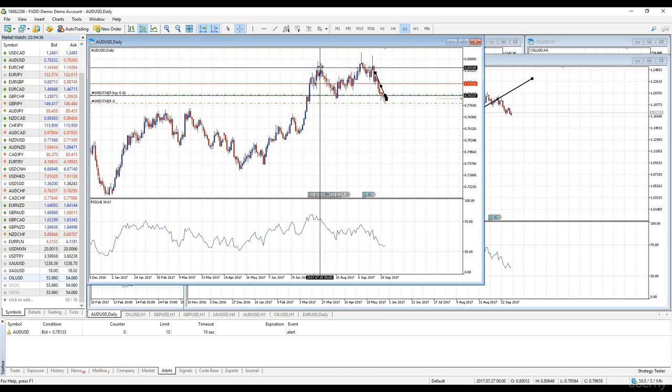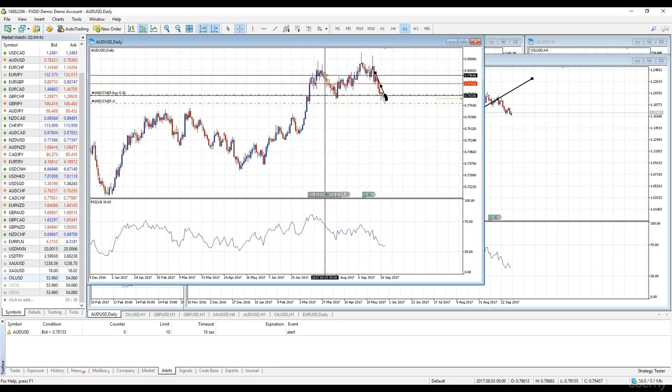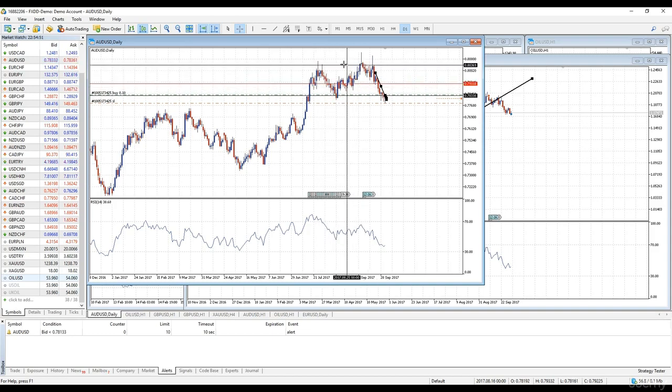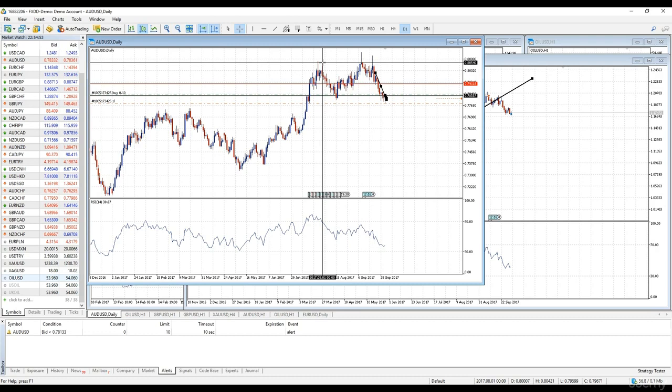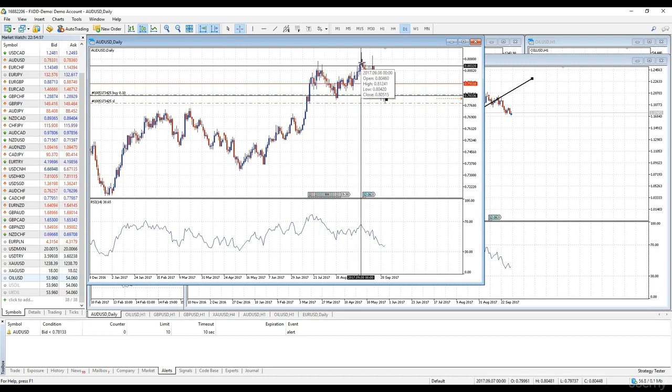So price action rose to these highs, was unable to hold on to those gains, and was completely rejected. Now thinking that this is a good level of rejection, if we are able to come back and test these levels again, this might be a good opportunity to go short, and it was a good opportunity to go short.